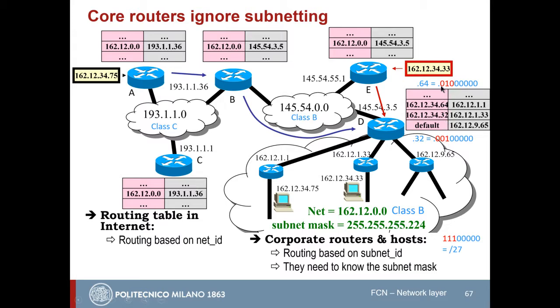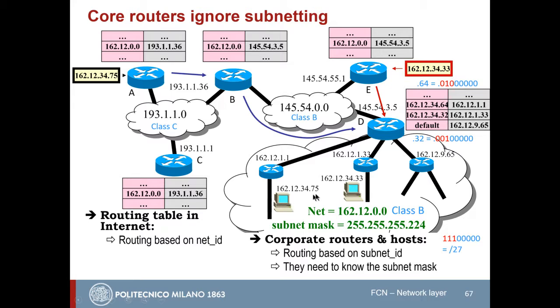So this is subnet number 4, and this is subnet number 1. And you can see that the next hop information is different for the two subnets. The first one will be forwarded towards this router here. The second one will be forwarded towards this other router here.